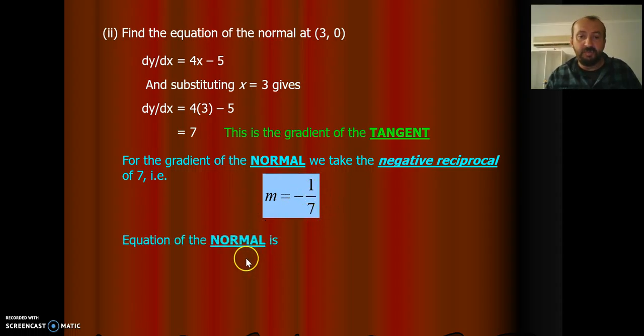So that's now the equation of the normal must be y take y1 equals m times x take x1. So m now is negative a seventh. And rearranging this, cleaning it up a bit, we end up y equals minus the 7th x plus 3 over 7.